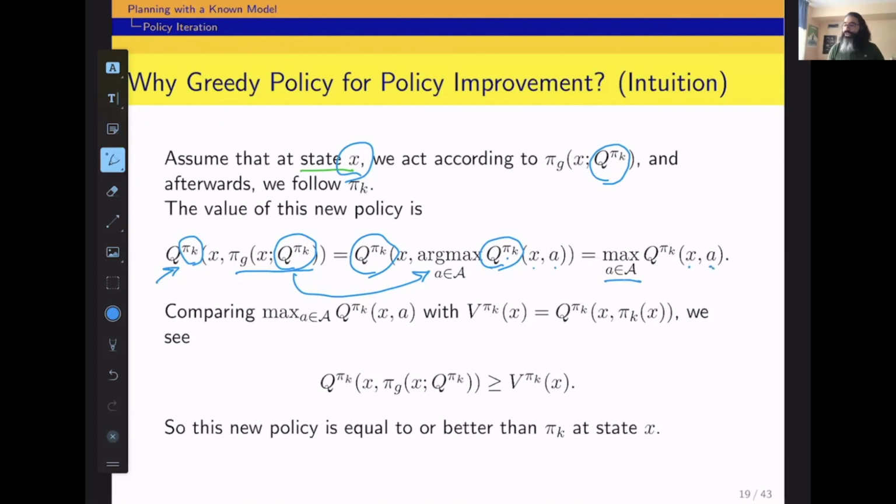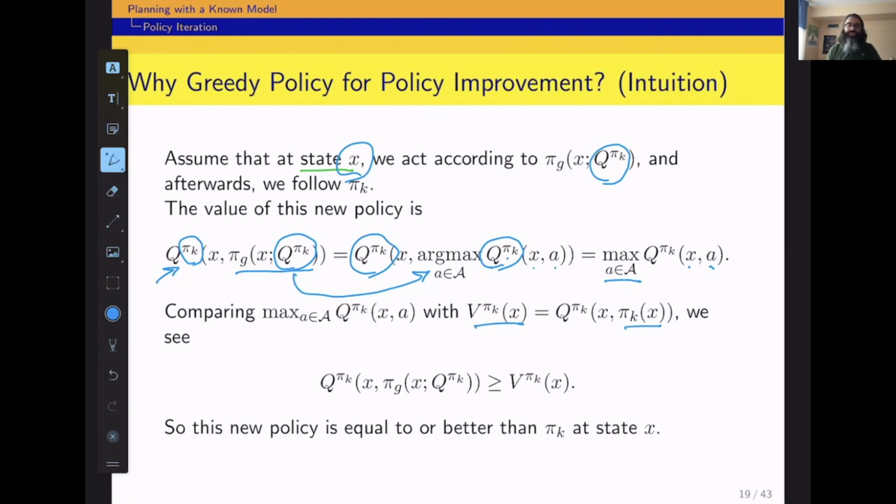Now let's compare it with the value function of pi k, because that's the value we get if we follow policy pi k. So what is v of pi k? It is the action value function where at state x, I choose the action according to pi k.